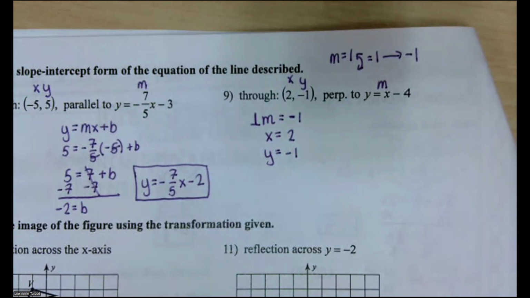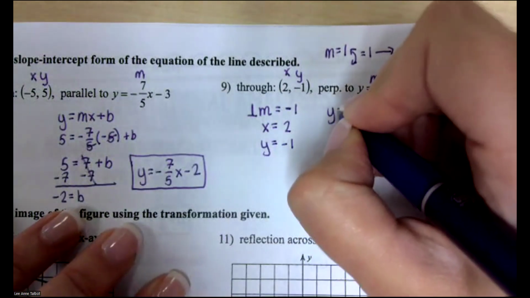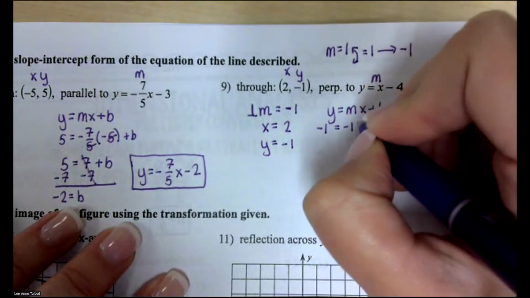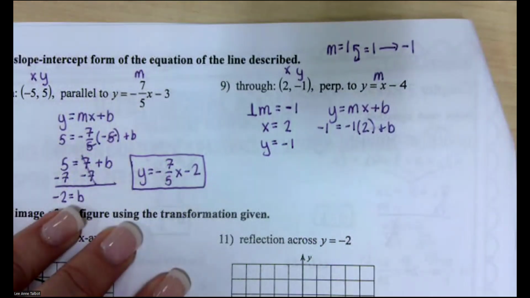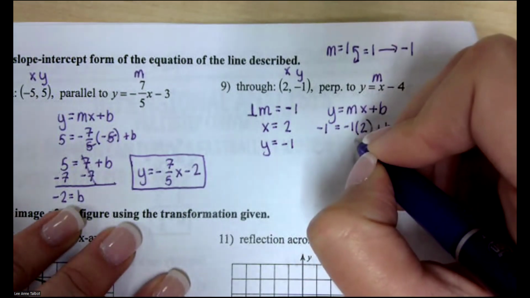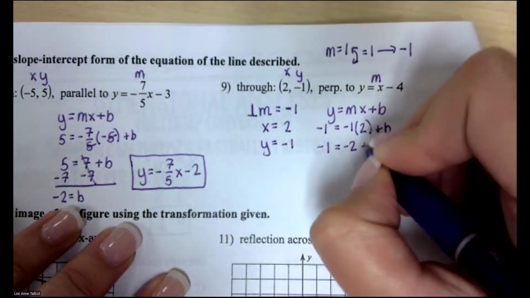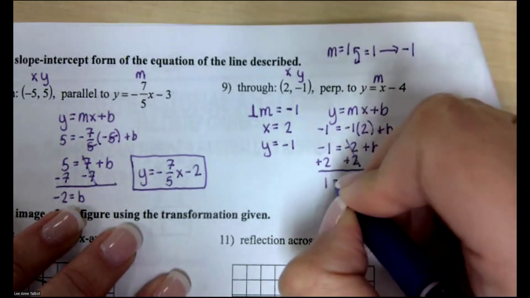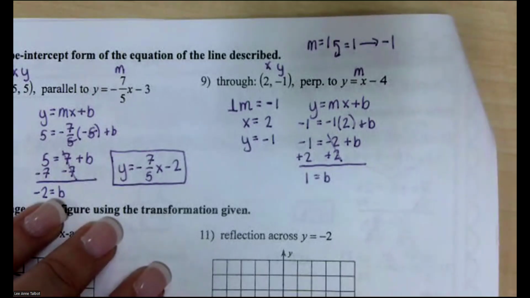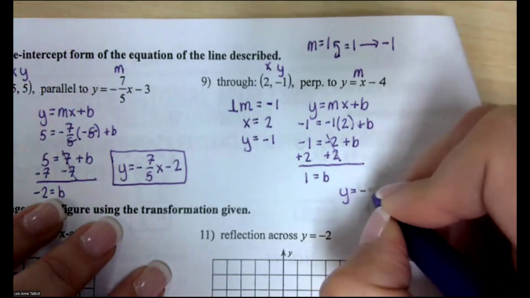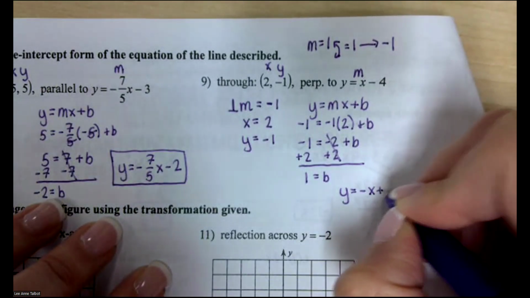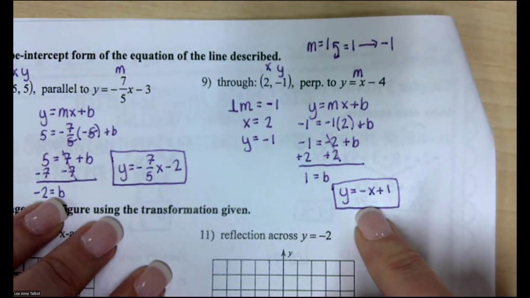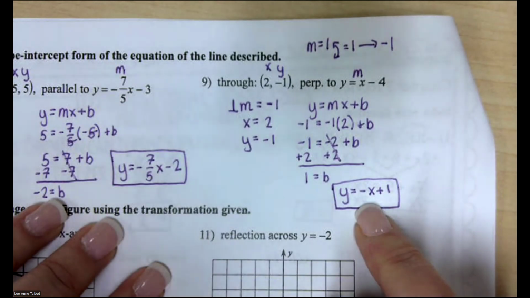Ah, sweet, sweet whole numbers. And right here, you could put negative 1x, that's totally fine.